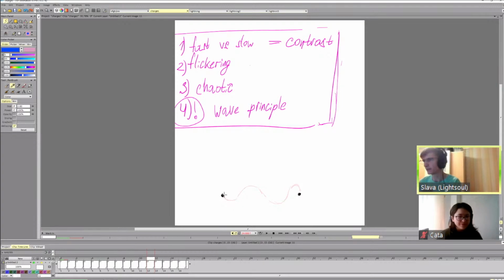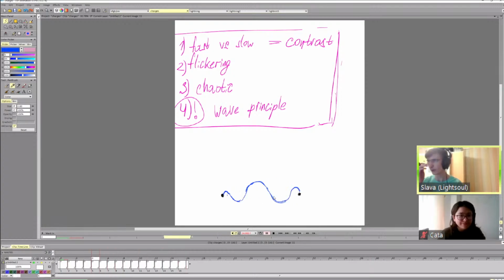And let's add a frame here, which is closer to the second frame, the green one. So what does it give us? It will give us uneven motion. Okay, so now the motion is a bit uneven.